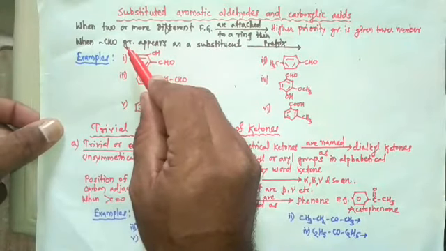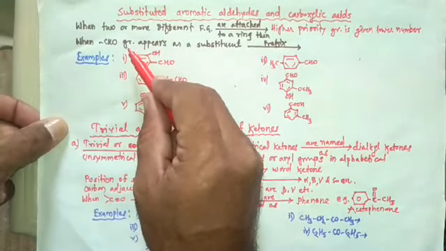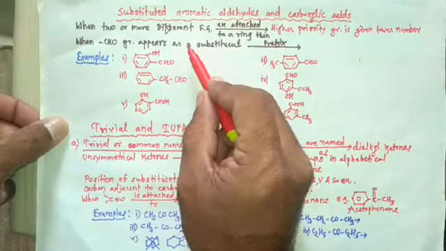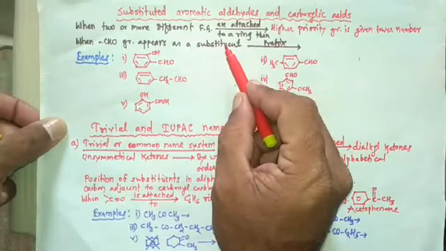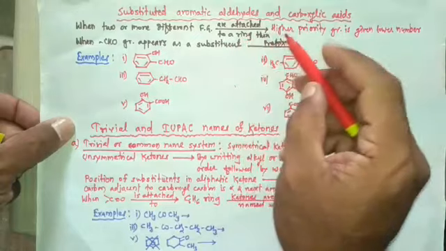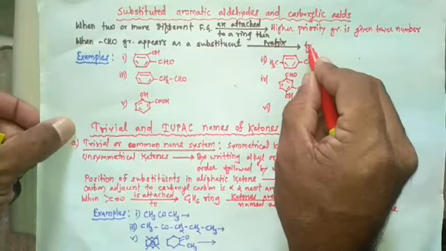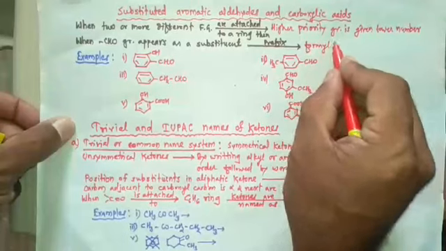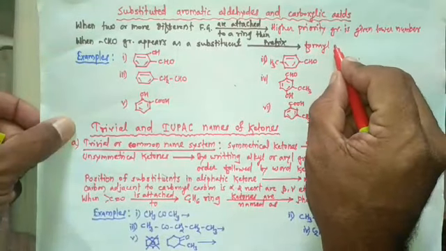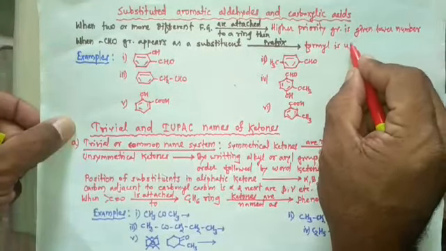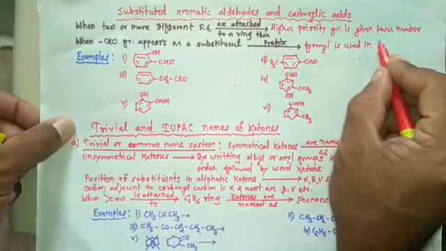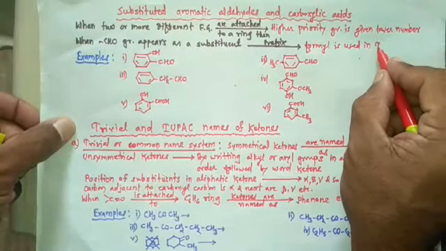When the CHO group appears as a substituent, the prefix formyl is used in IUPAC names.